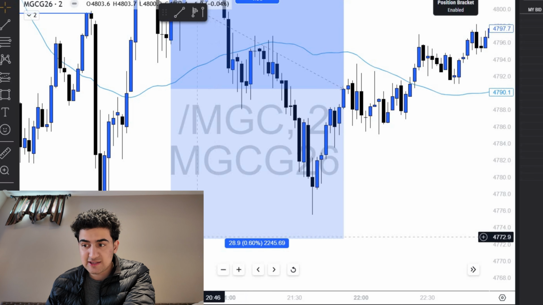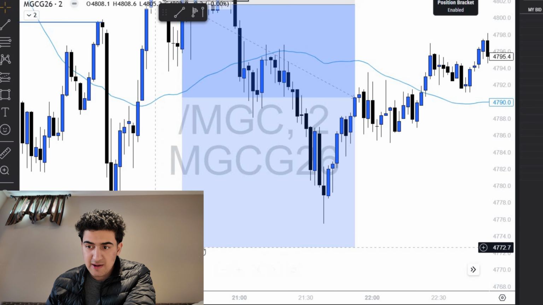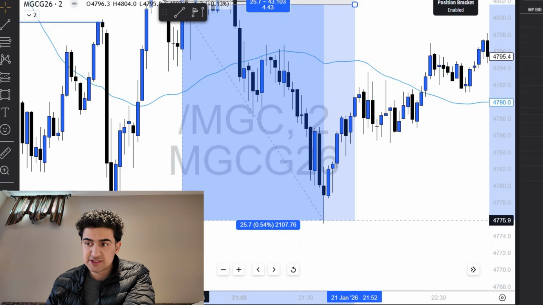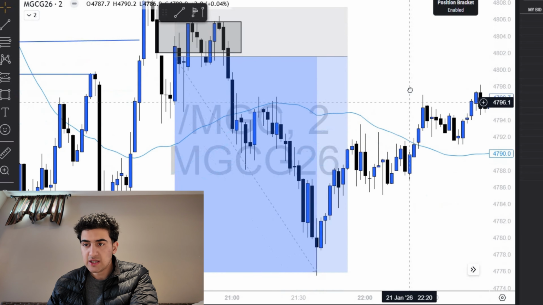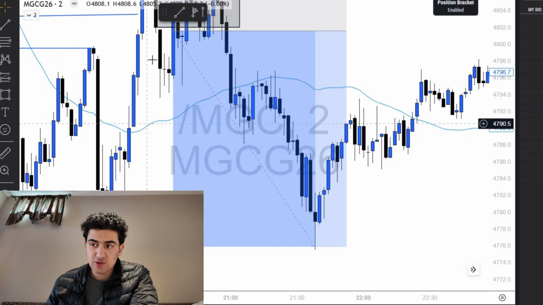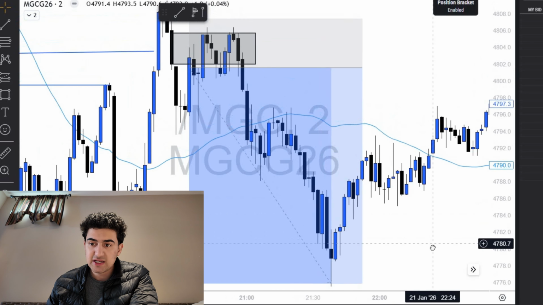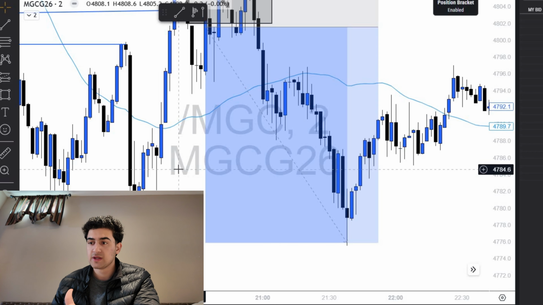I didn't take the full TP because my TP was right here, but this TP ain't bad. So we have a volume imbalance right here, and another volume imbalance right here. It came and took out all of these. A volume imbalance is when candlesticks don't meet each other and are too far apart.